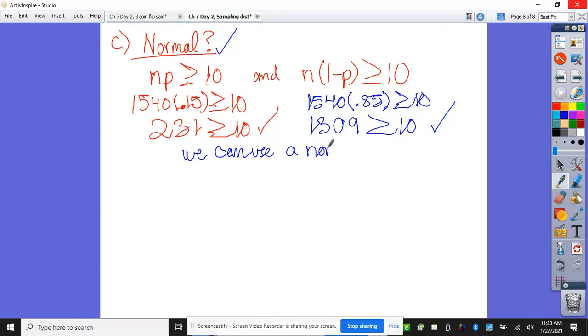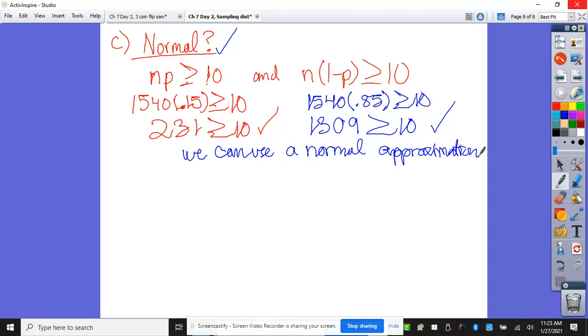I know you can't read this, but you do have to write, so we can use normal approximation. And without getting there today, you should know, what does it mean when I say we can use a normal approximation? We can use the green sheet. So what this is working towards is saying, okay, I know what the population looks like.